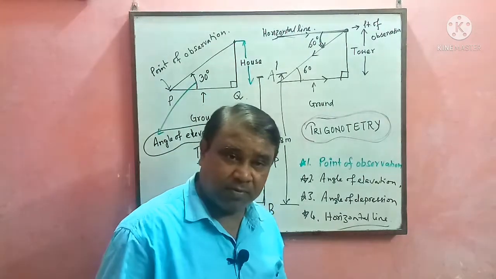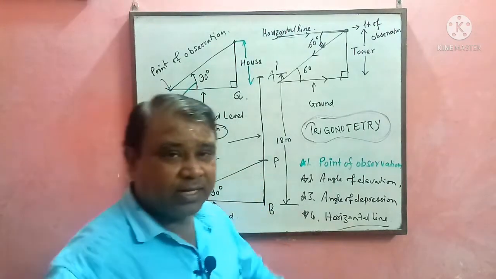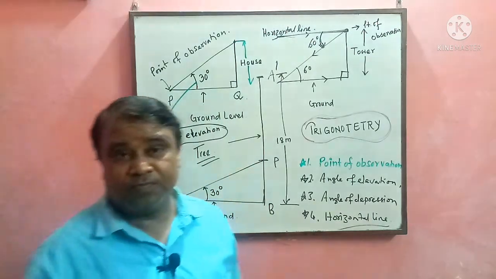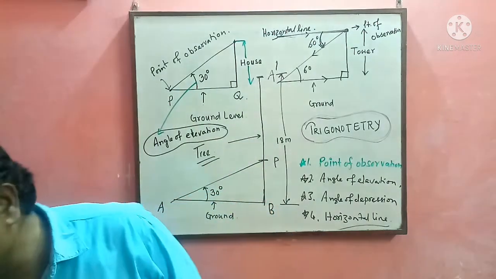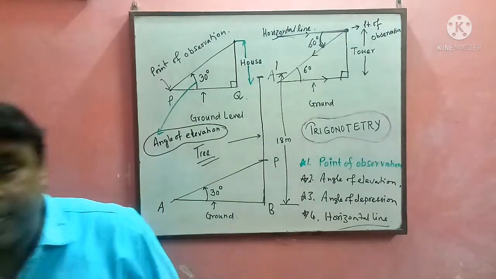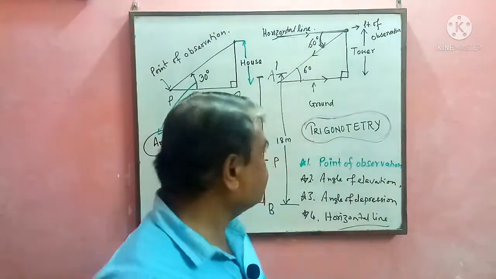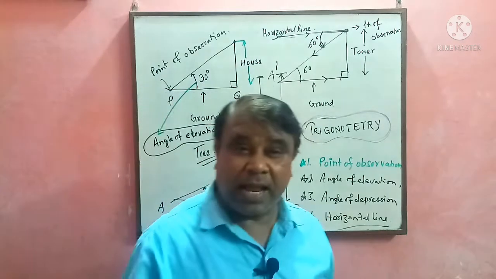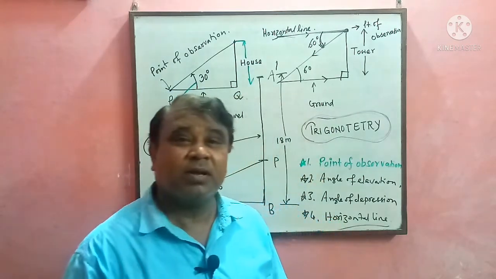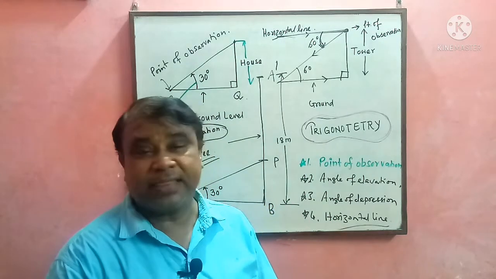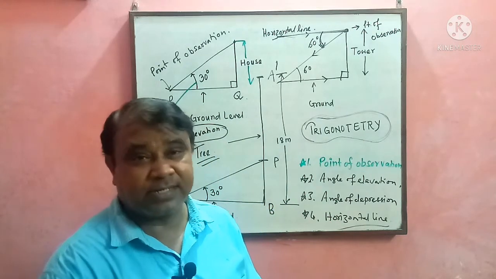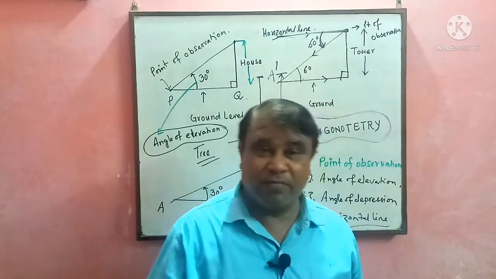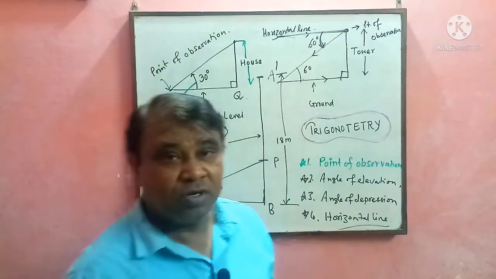These four points you have to keep in mind, and I hope you will be able to solve any problem. Otherwise, I don't think there are any difficulties, provided you know the trigonometrical angles and their values. Most of the time we have to know tan. So tan 30 degrees is 1 upon root 3, tan 60 is root 3, and tan 45 is 1.